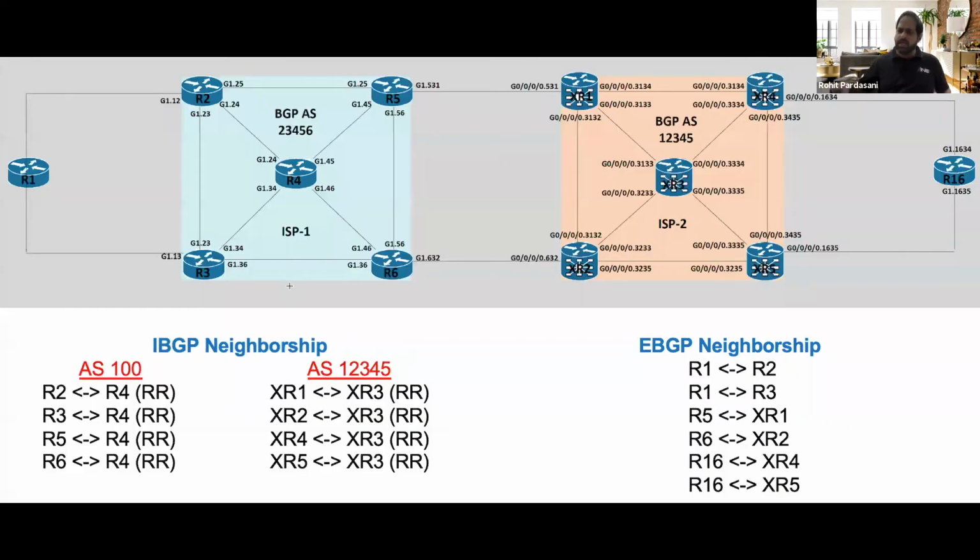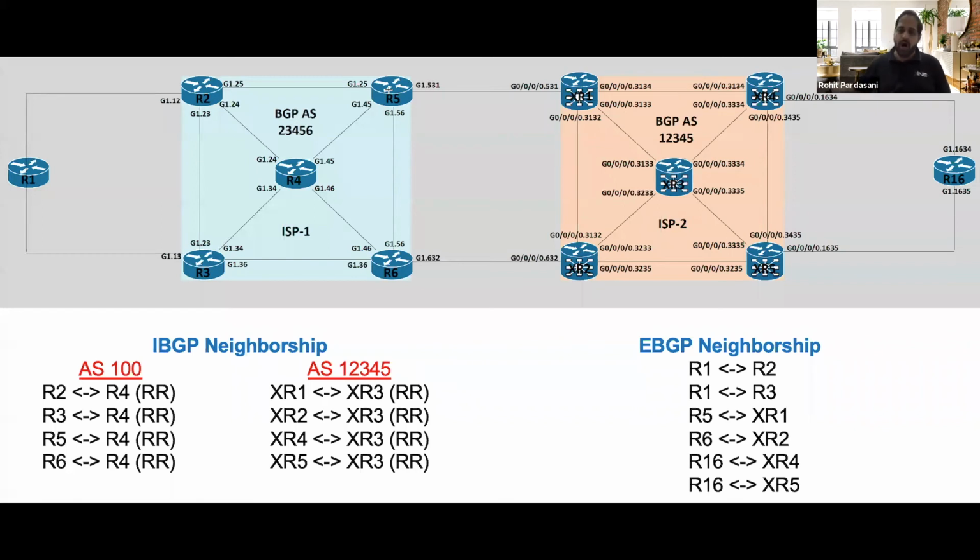So assuming we want this AS, ISP2, to select R5 to get to R1's loopback, which is 11.11.11.11.